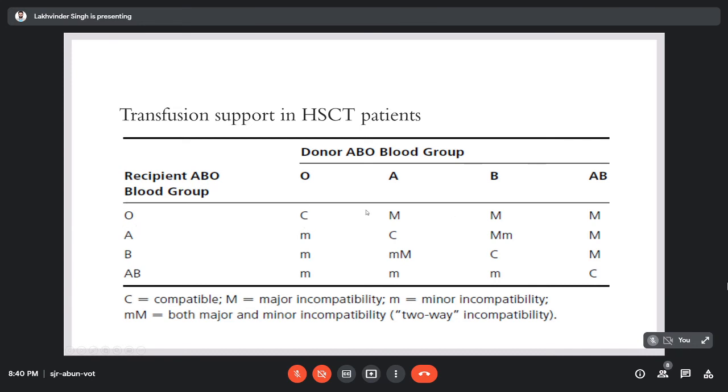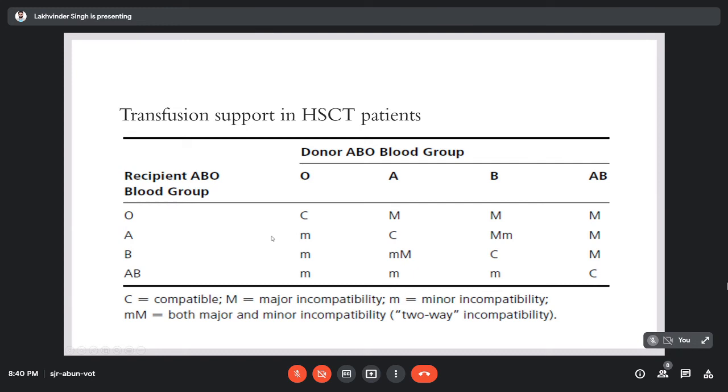Recipient is O and the donor is A. So you are transplanting A group cells to a recipient who is O. So it is a major incompatibility, because this recipient will have anti-A and anti-B, which can cause reaction with the A cells. O and B, again major incompatibility. Minor would be donor is O and the recipient is A. So that is a minor incompatibility.